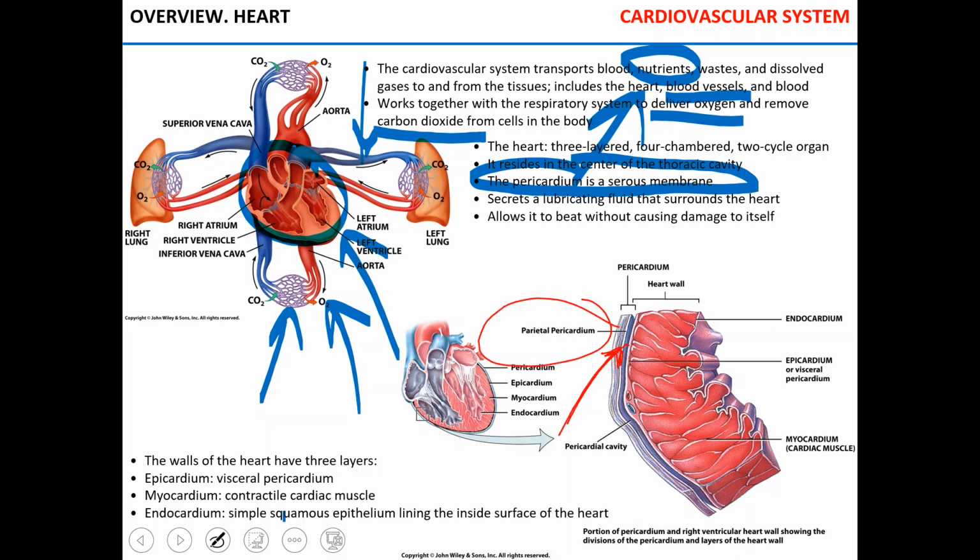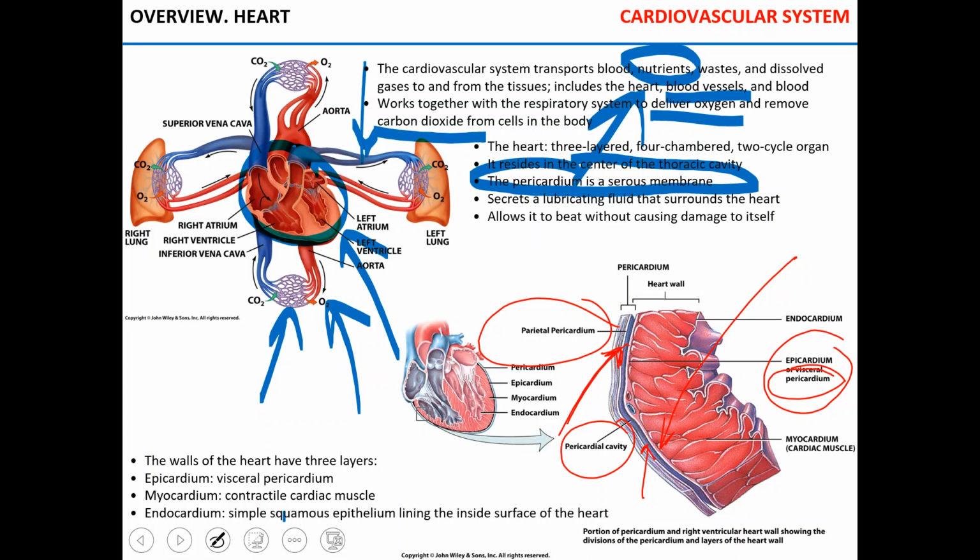The heart itself is covered by the visceral pericardium, which you can see right here. Another name for visceral pericardium is epicardium. The space between the parietal pericardium and the visceral pericardium is called pericardial cavity.